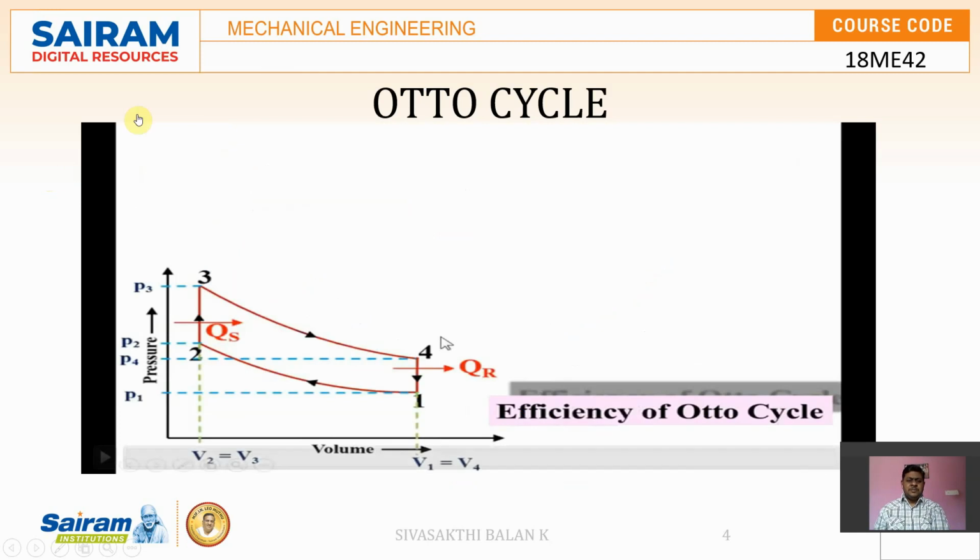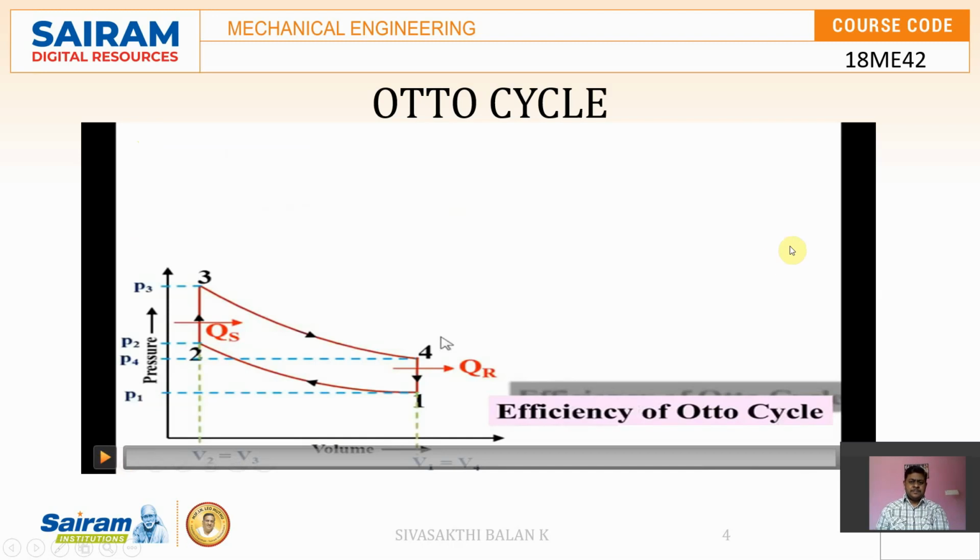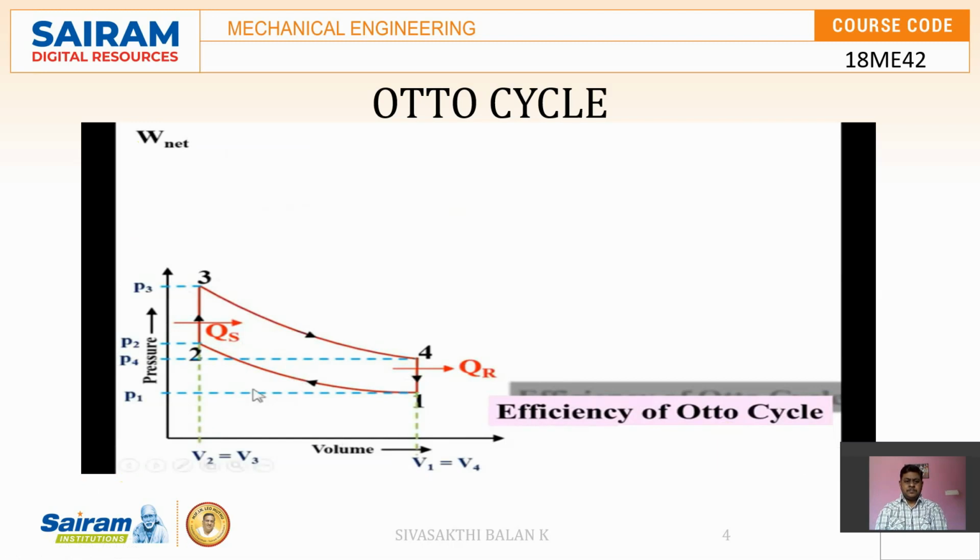And let us see how the Otto cycle efficiency is calculated through this small presentation. So you know the net work done during the cycle is heat supplied minus heat rejected.